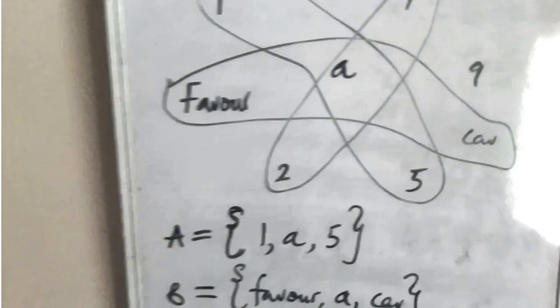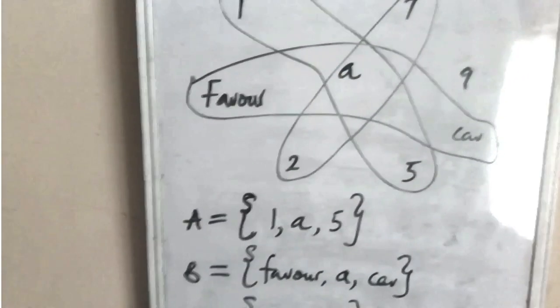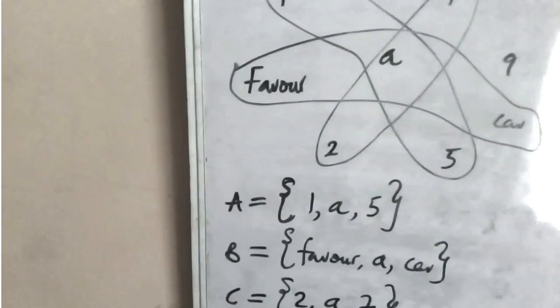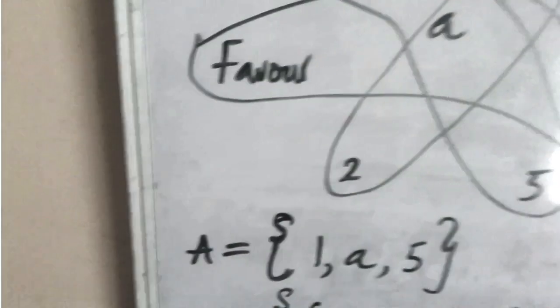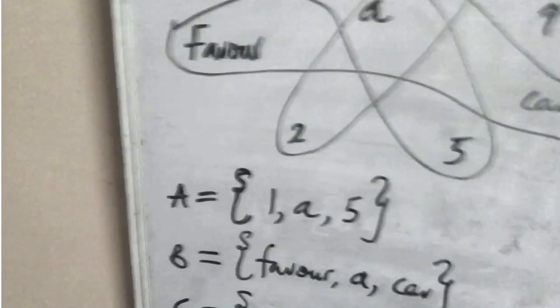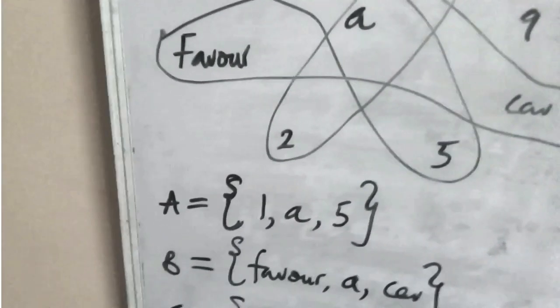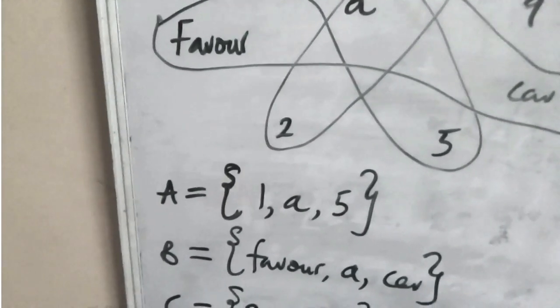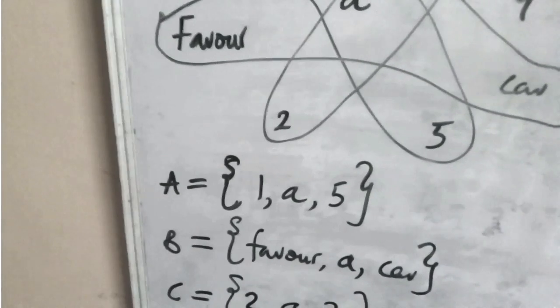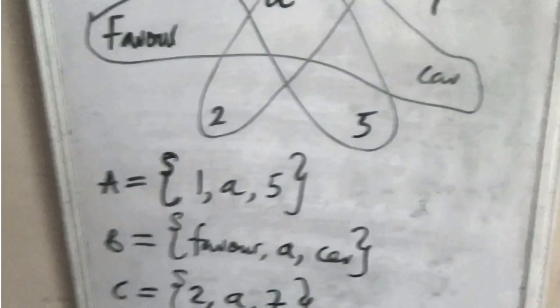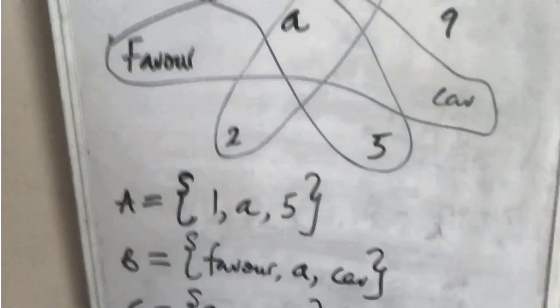So you identify the set, you name the set. As I have named the set now, this side we have set A, which is an alphabet. The name of the set is always in capital letters, and the elements of the set are placed within a curly bracket. So that is how you can denote a set.